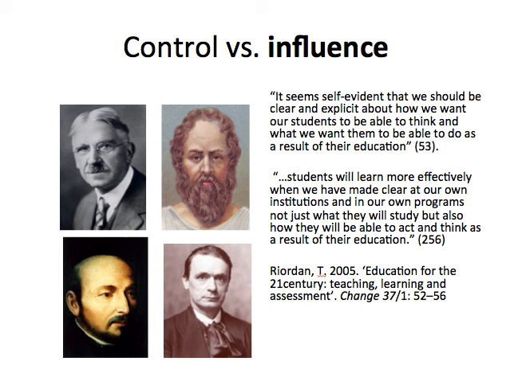Is that control or is it influence? Notice that these four educators created systems, educational systems with different sets of values, which as students, as stakeholders, we should have an ability to choose between them and to say which set of explicit particular values we want to follow.